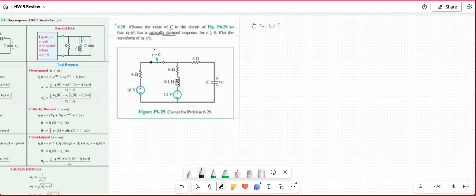That's when the switch isn't flipped up, so everything is still in the circuit. And short the inductor, open circuit the capacitor.